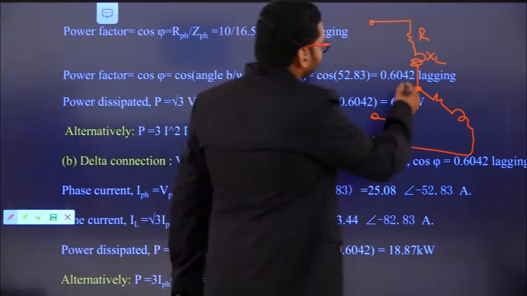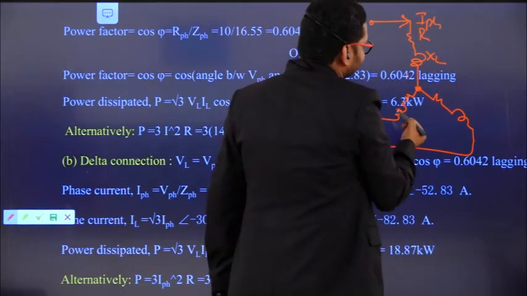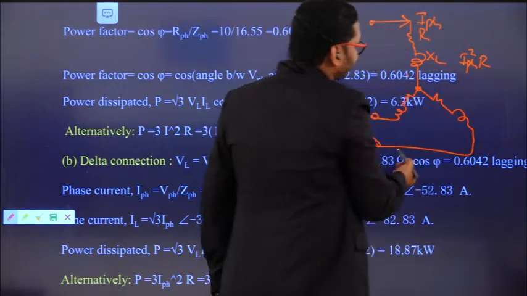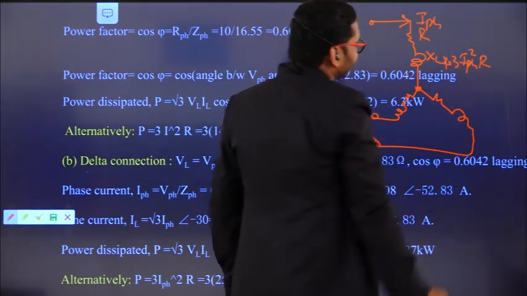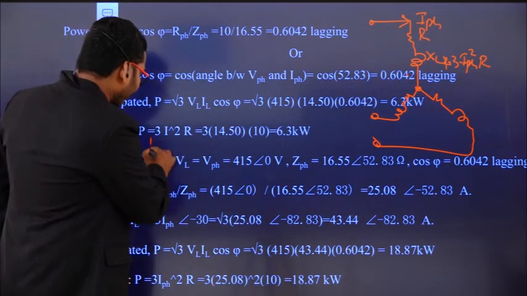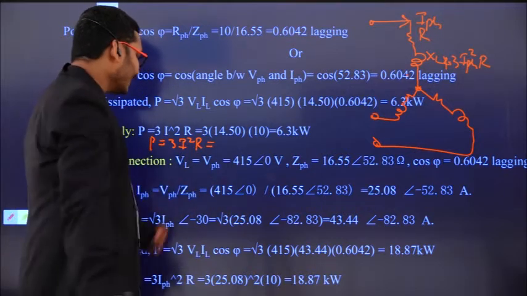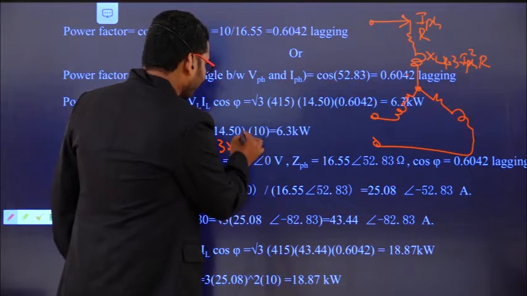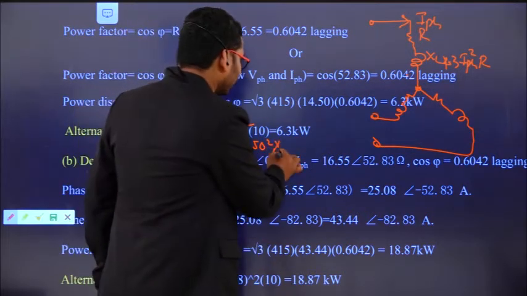So here, the power dissipated in the resistance is I phase square into R. If it is three phases, then P equals 3 into I phase square R. We already know the I phase value, so this is 3 into 14.50 square into 10, the resistance value.